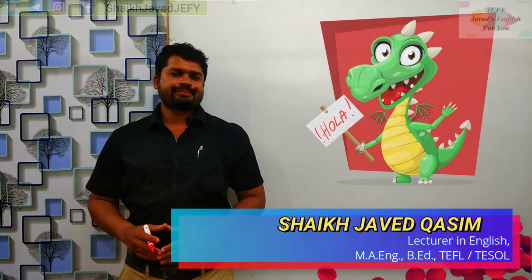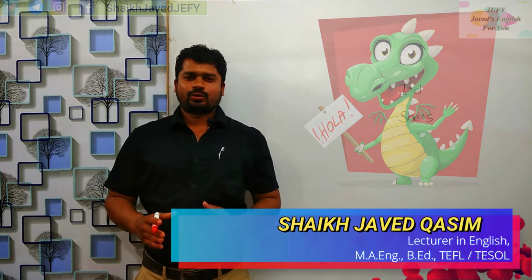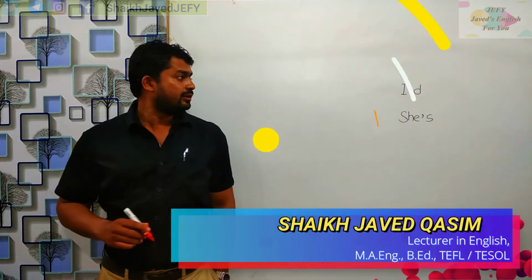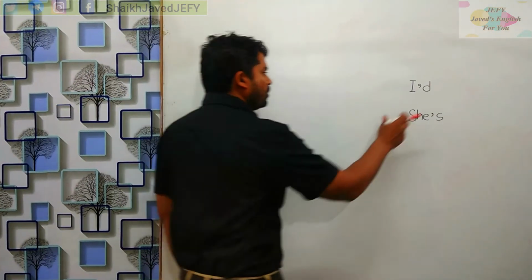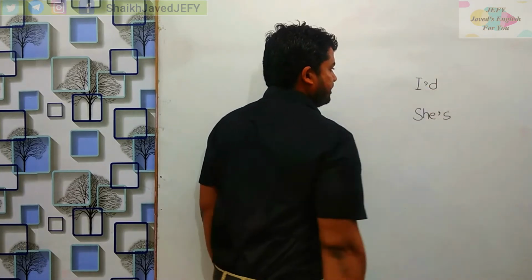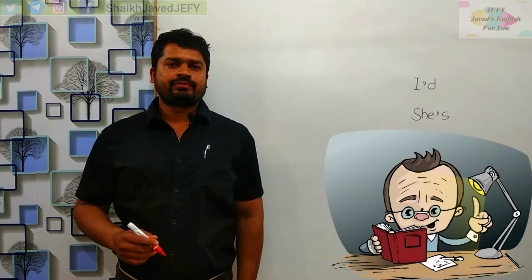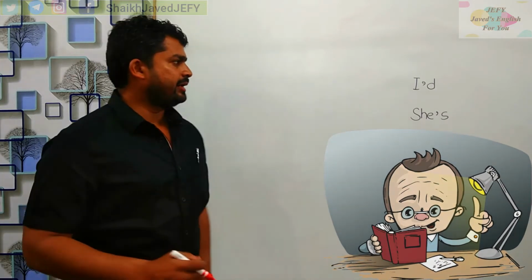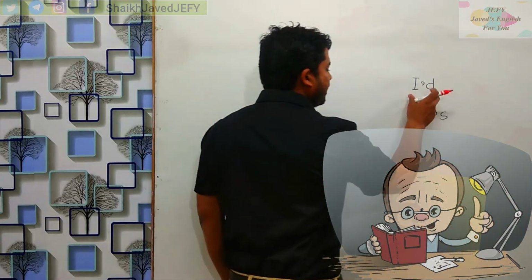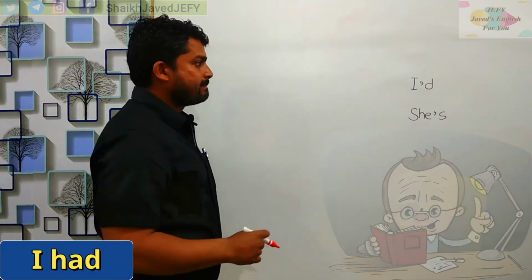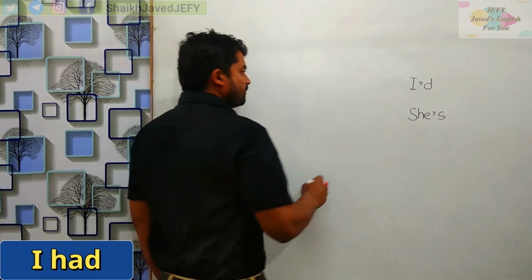Hello friends, today while teaching I observed one thing. There was this word written in the book and I asked one of my students to read it, and when he read it he said "I had." I was surprised.